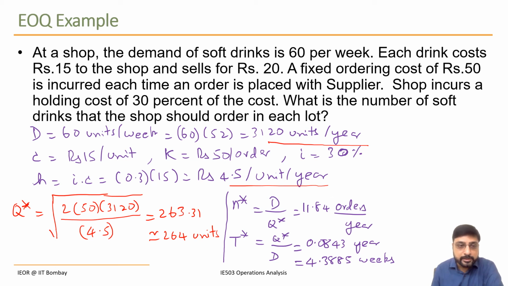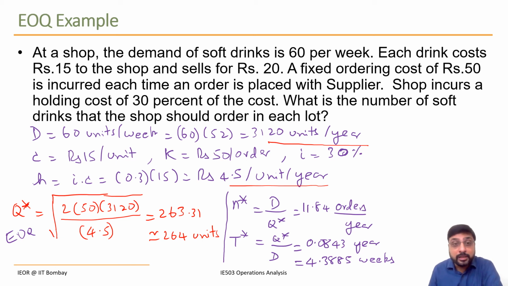Of course, the EOQ expression itself is only the Q star, but remember what the shop will need to do is every 4.3885 weeks it is going to place an order of quantity Q star, which is 264 units, and to meet the demand it needs to make 11.84 orders in that entire year.